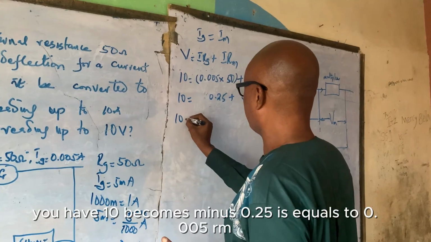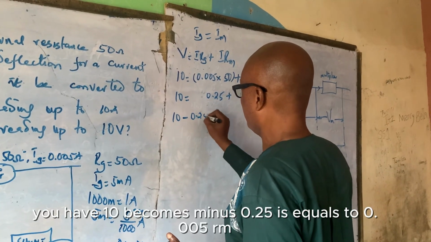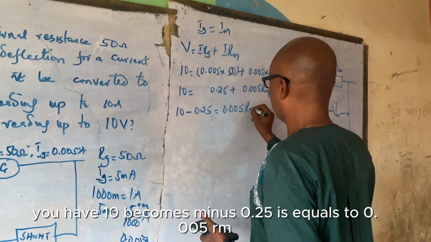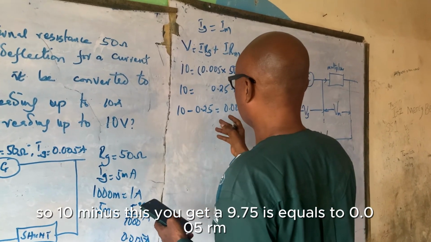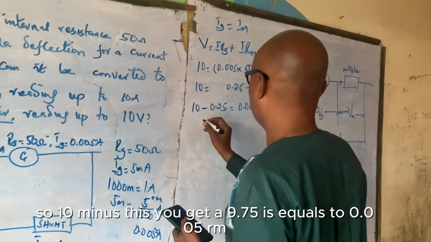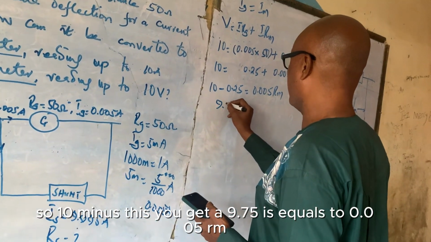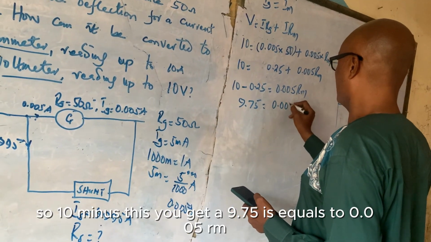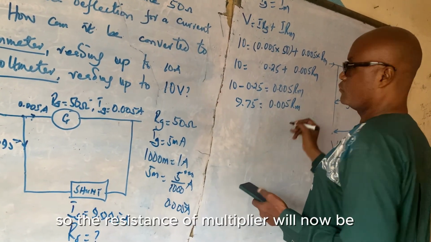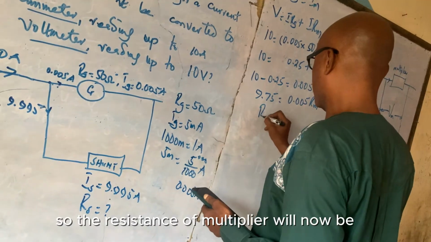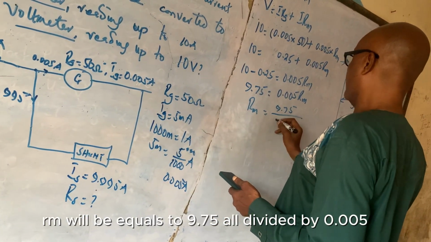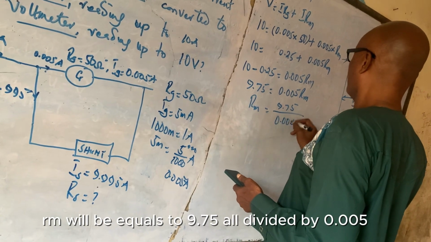You have 10 minus 0.25 equals 0.005 Rm. So 10 minus this, you get 9.75 equals 0.005 Rm.